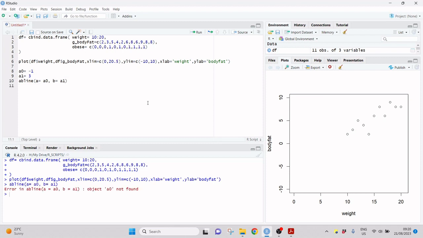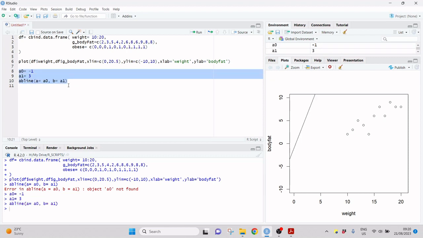Okay, and we just put that in, and I should also initialize this variable first, of course. And now you see this one is our line, and yeah, that's not a particularly good fit.